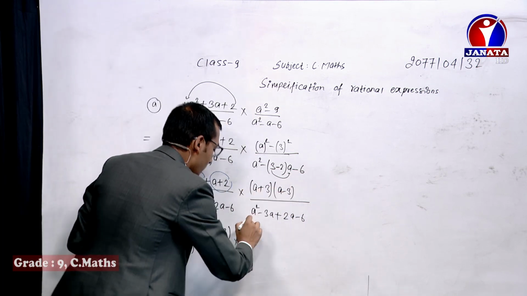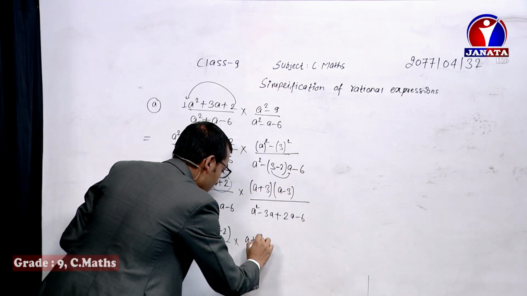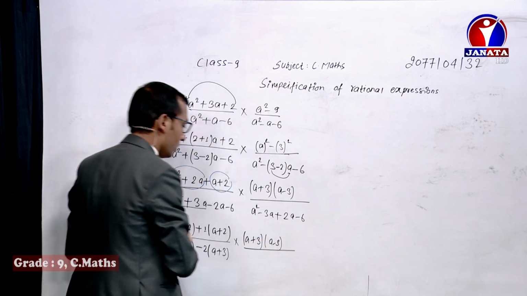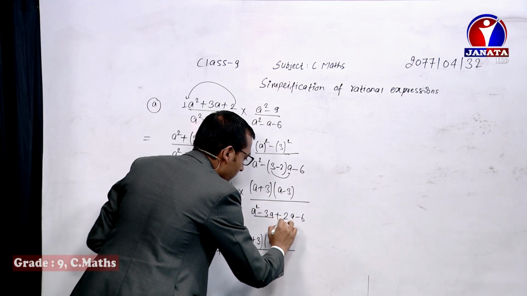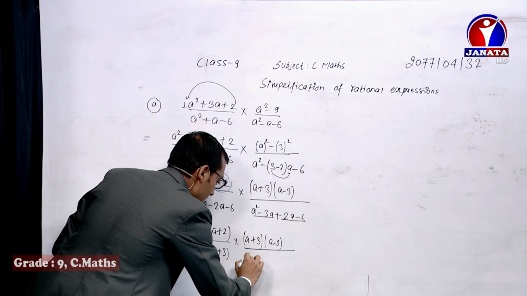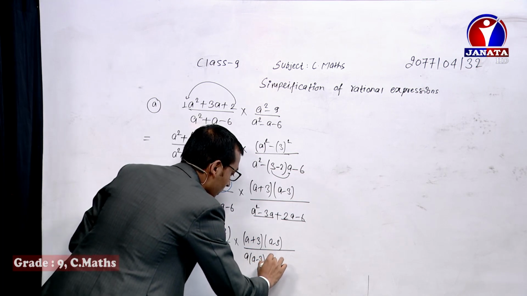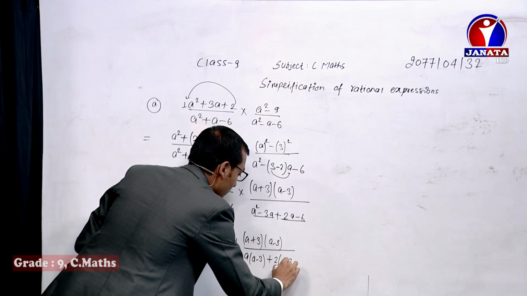we can write these two factors as it is, a plus 3 times a minus 3 over, let's take common from the pair of terms, a is common, a minus 3 plus 2 common, a minus 3.